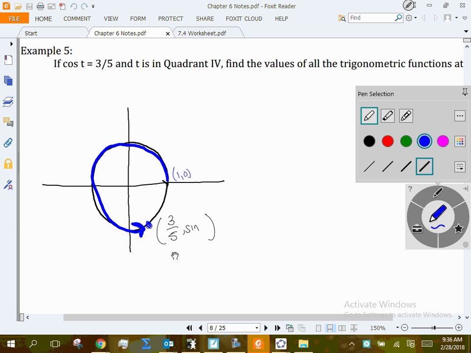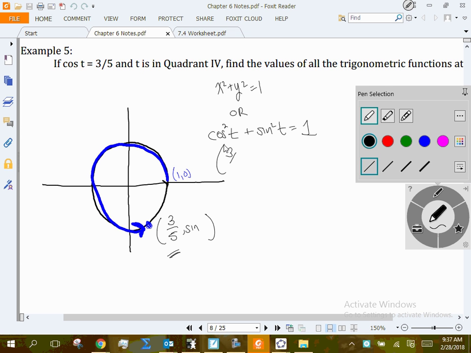Now you guys know that because of the unit circle, we can write this a couple different ways. We can say either x squared plus y squared equals 1, or because we're in the unit circle and your x is cosine, and your y is sine, we could say that. Does that kind of make sense, everybody? So my cosine is 3/5.